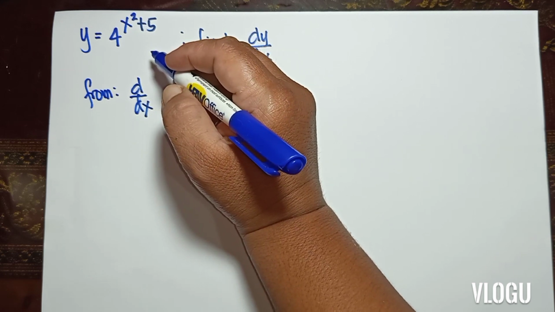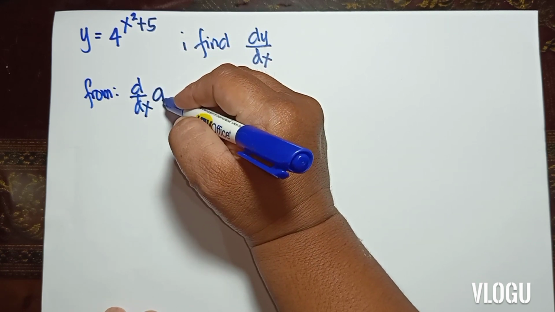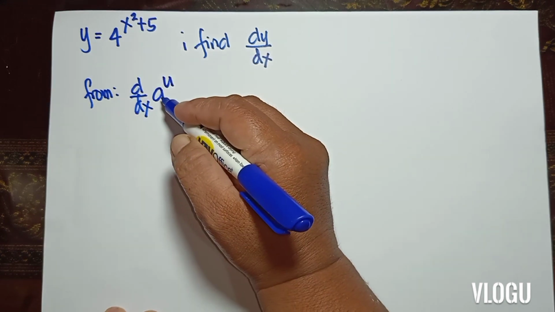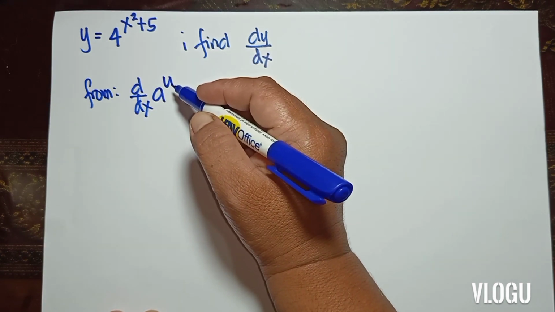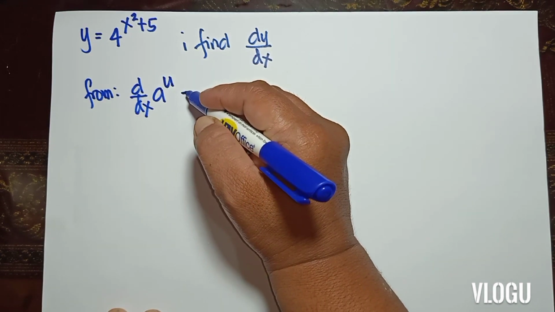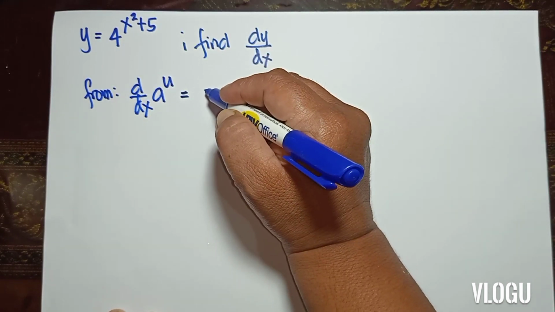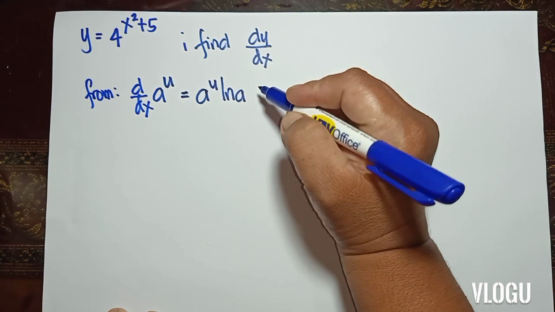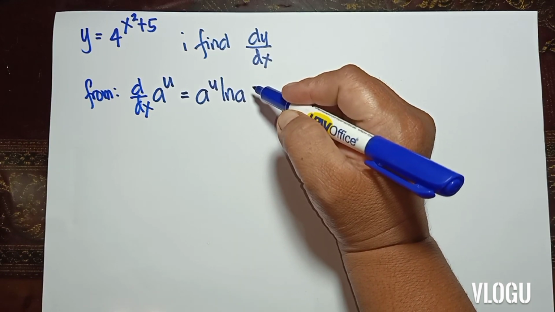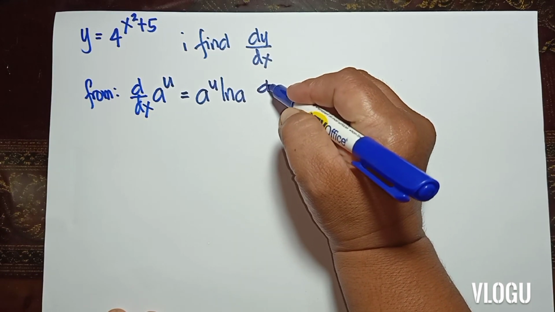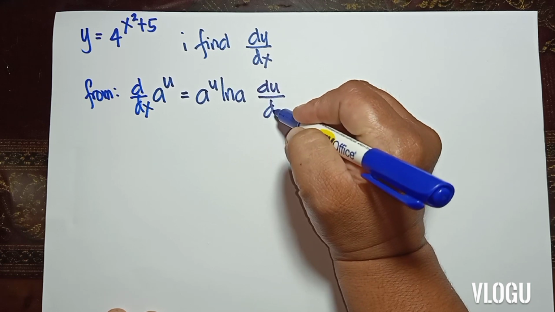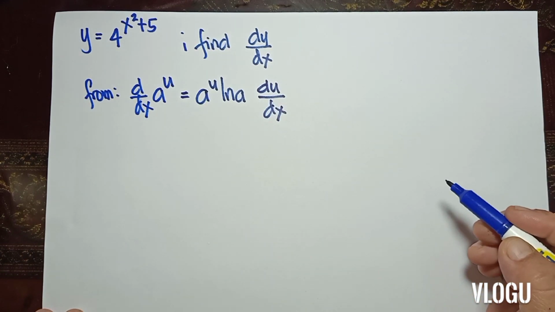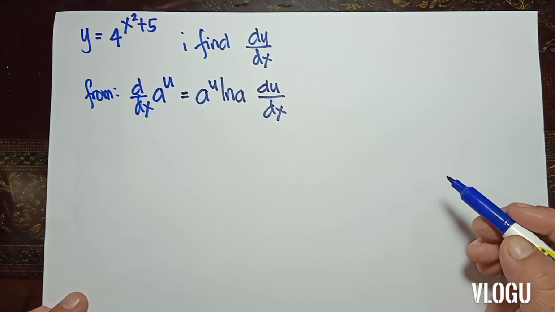That is a to the u, a constant raised to u. So you will have a to the u ln of a du dx. That is the formula that we are going to use.